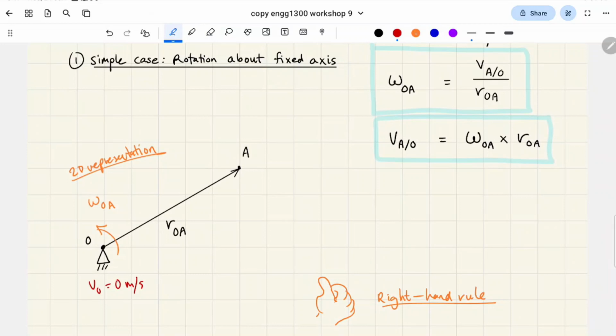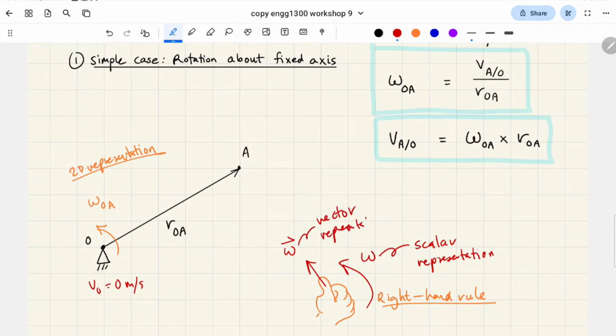Because here, this is the scalar representation of our angular velocity, and that translates to our vector representation of angular velocity.